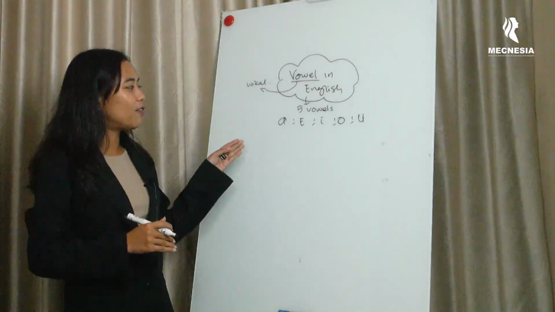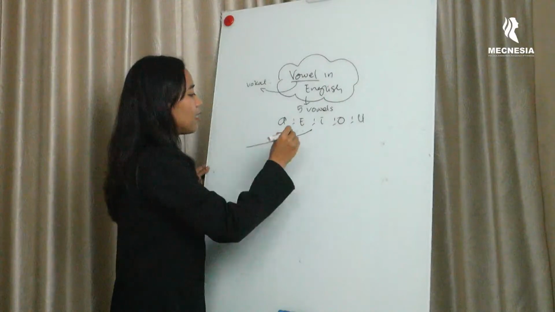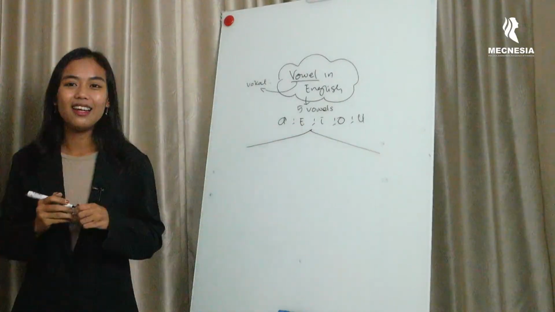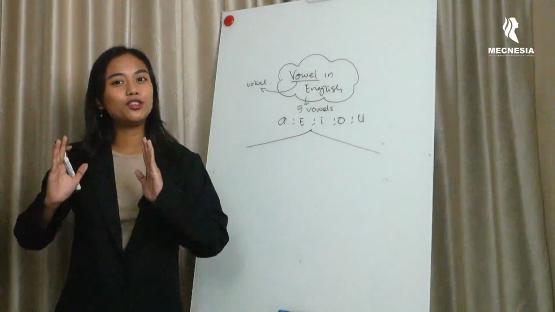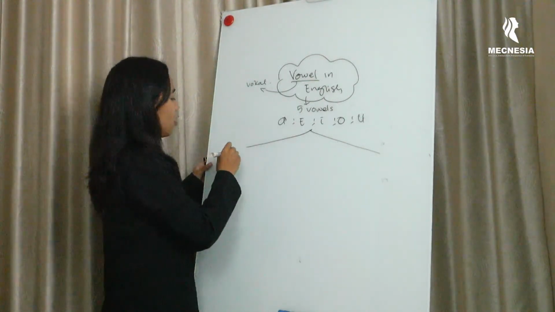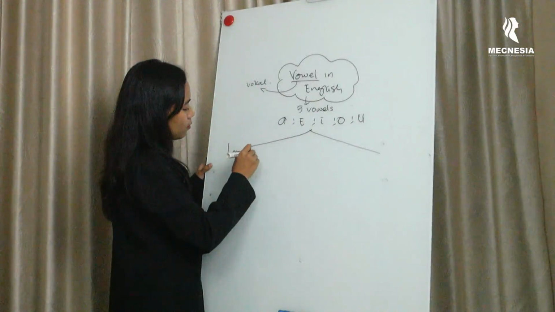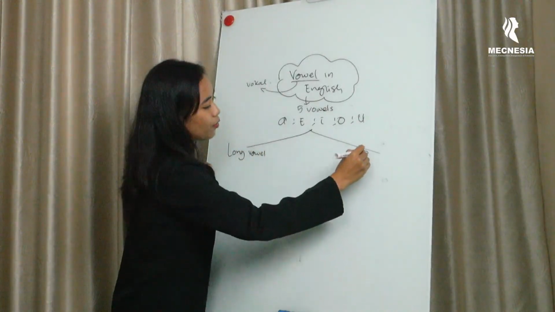Now they can be divided into 2. Sekarang mereka bisa dibagi jadi 2 lagi nih. Mereka bisa dibagi into long and short vowel.